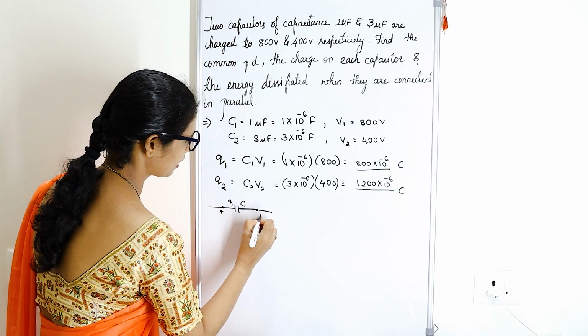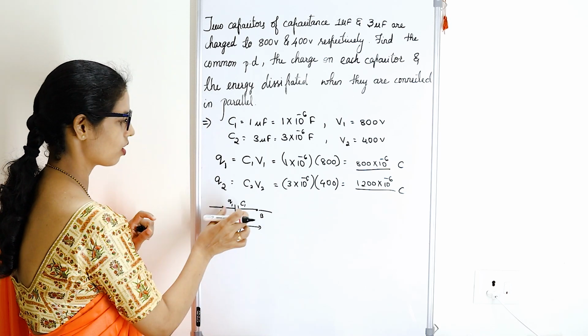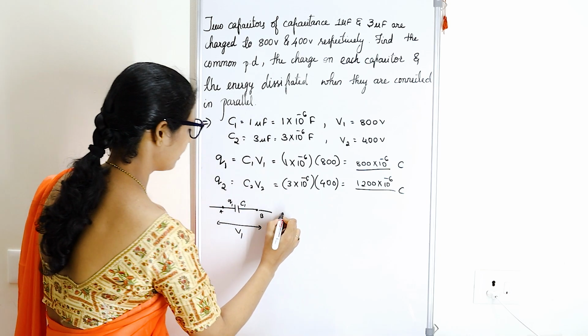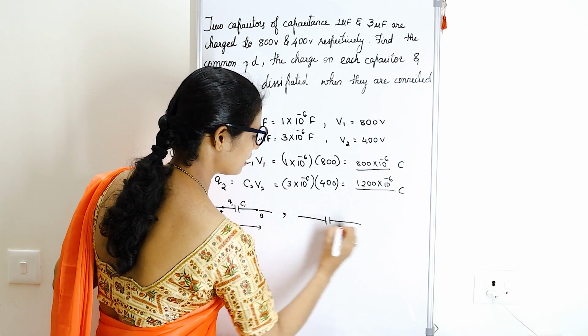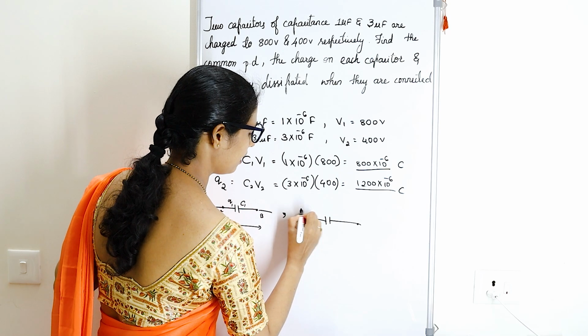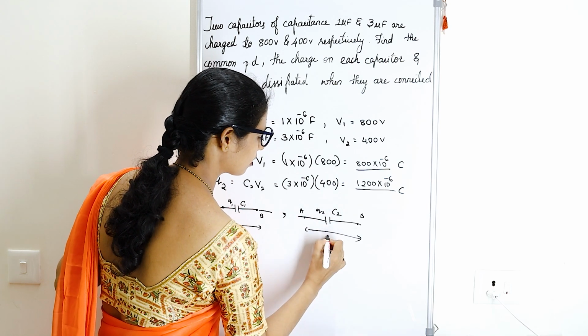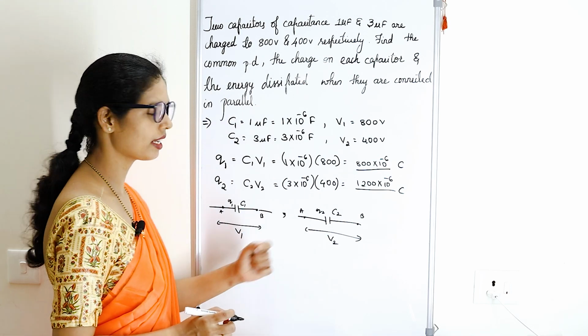Let's say these are the points A, B. Here is the potential difference across the first capacitor, that is V1. Then next is one more capacitor, A, B, Q2, C2. The potential difference across the second capacitor is V2.